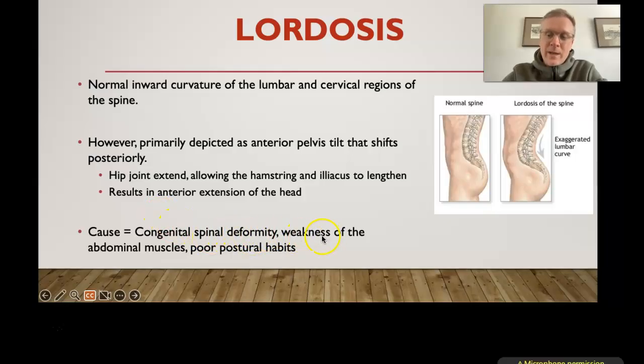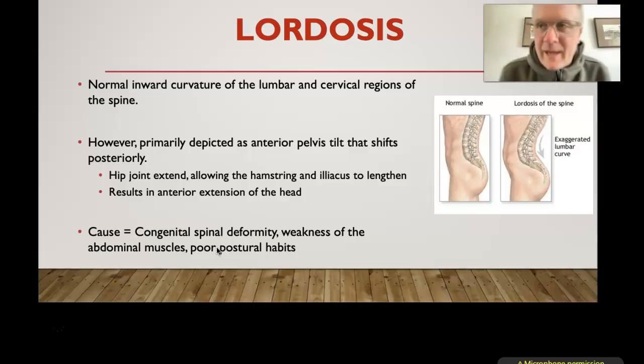We can see weakness of the abdominal muscles, and really poor postural habits as well. So sometimes even just sitting a lot can cause hyperlordosis. I would say even doing a lot of back squats, other things like that, pushes you into that hyperextension at the pelvis. Now, usually we have some ways to counteract that, but you can see that sometimes.